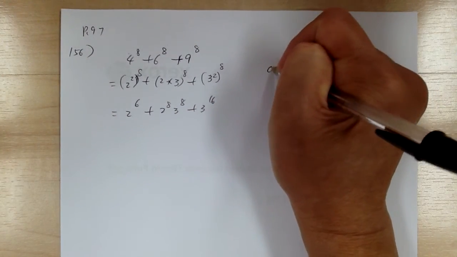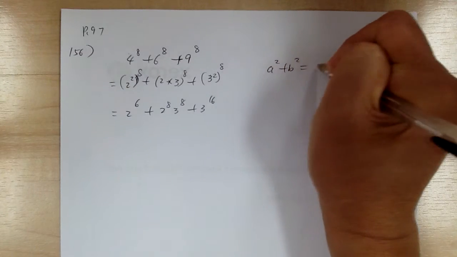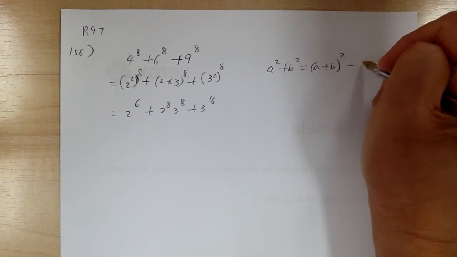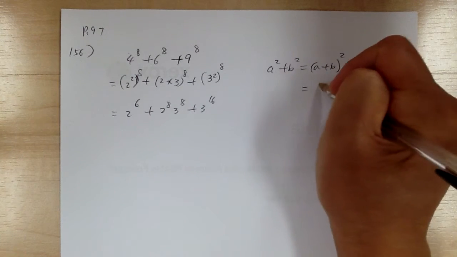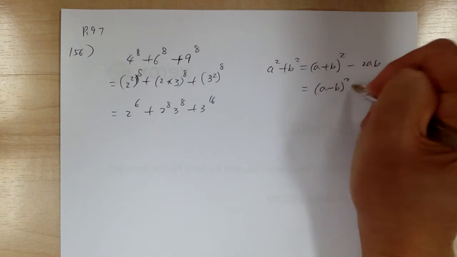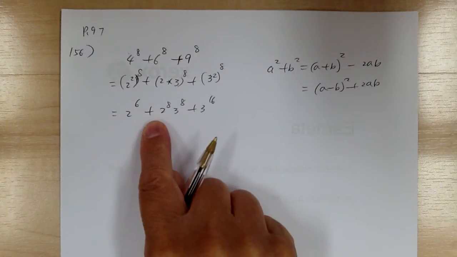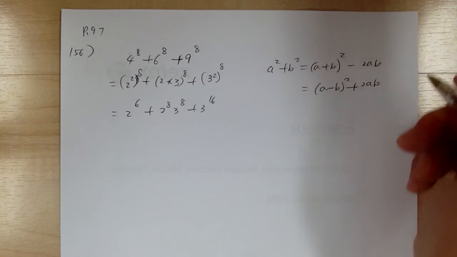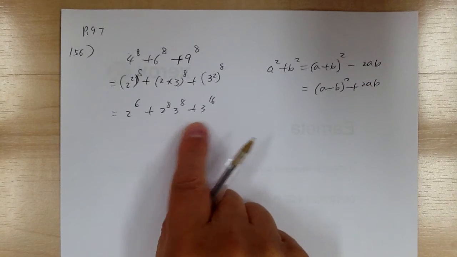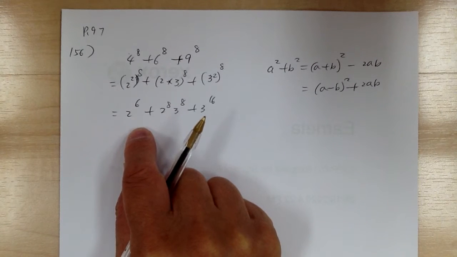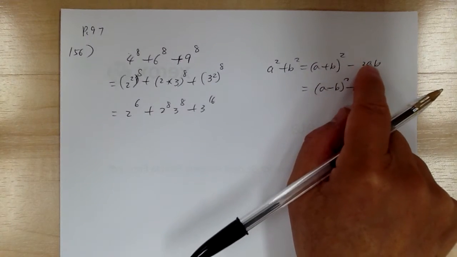And from the identities, remember that a squared plus b squared equals a plus b squared minus 2ab, or this is also equal to a minus b squared plus 2ab. Okay. So this will be more like this one here.